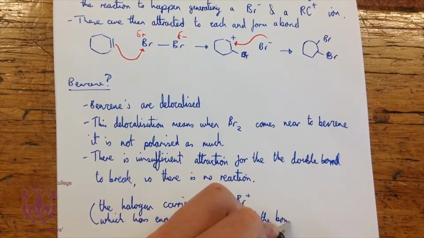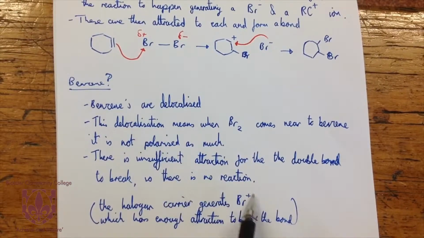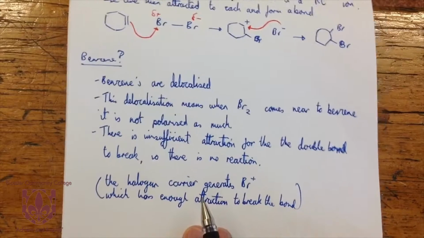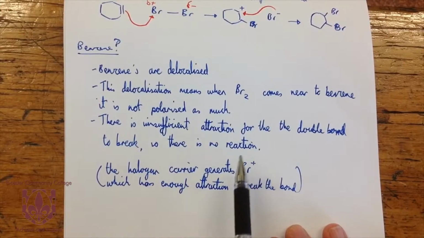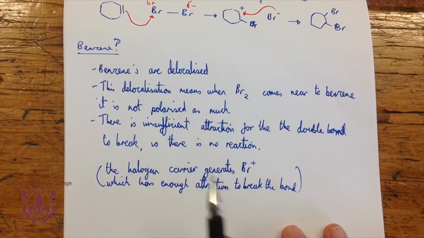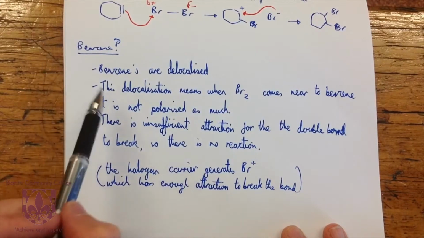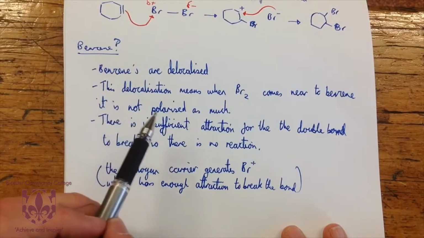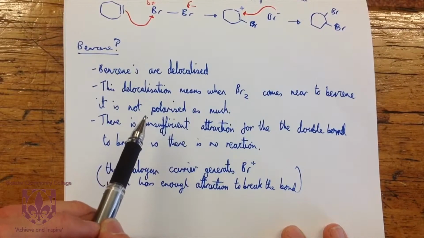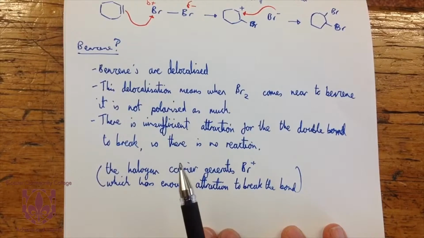Okay, so when you have a double bond and a completely ionized bromine, the attraction between those two is strong enough that the double bond will break to form a bond with bromine. Okay, but on its own, a bromine molecule is not going to do it with benzene, because these electrons are spread out more, so they don't polarize the bromine as much. We don't get this attraction for the double bond to break.